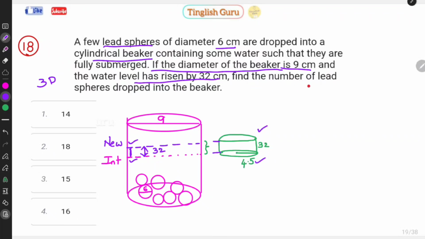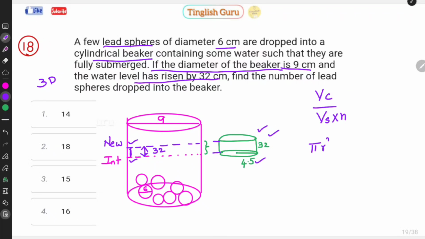And what we have to find is the number of lead spheres dropped into the beaker. For this we have to divide the volume of this green cylinder by the volume of each lead sphere. So volume of cylinder divided by volume of sphere is n, that is the number of spheres. What is the volume of this cylinder?